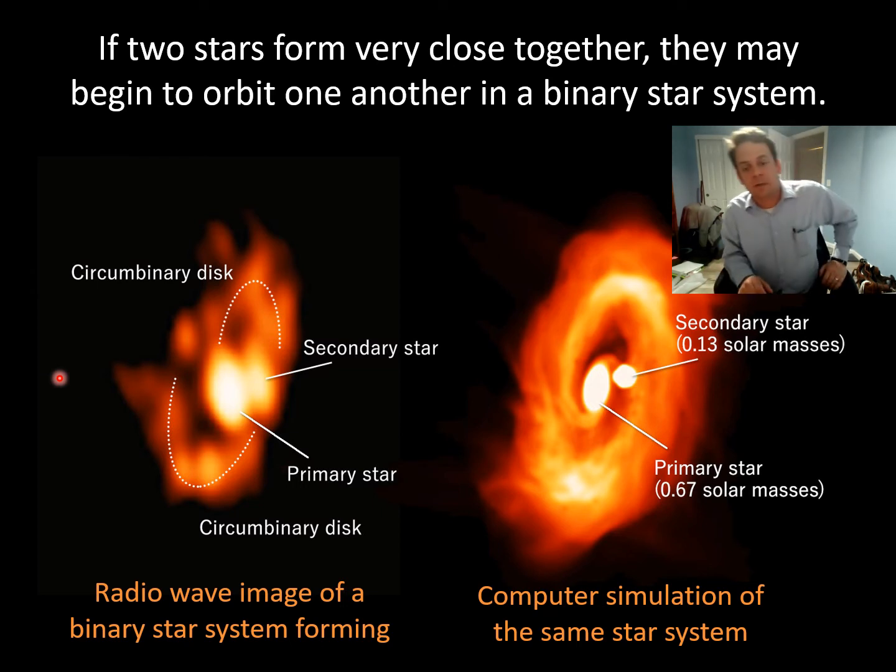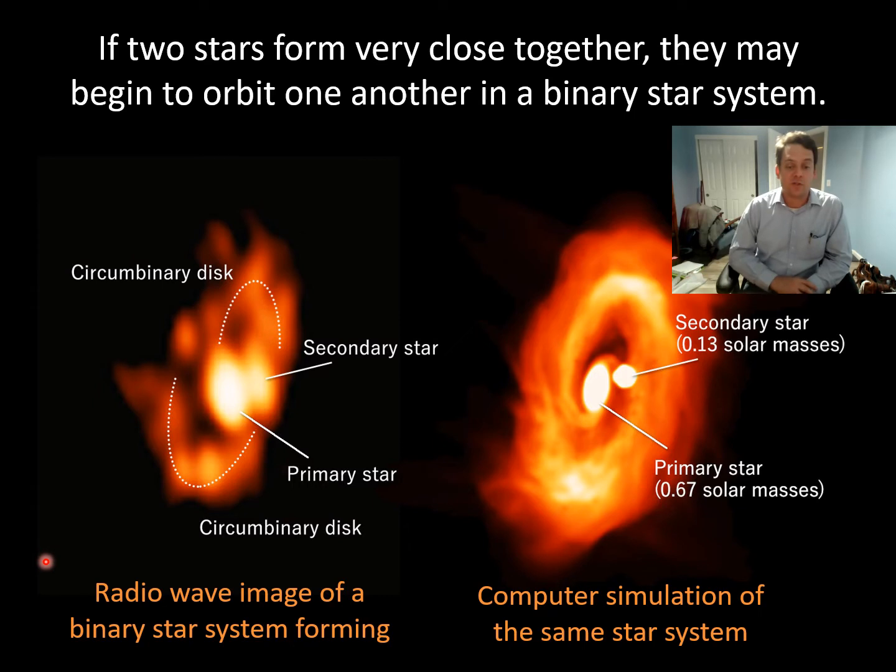So typically they're not. And here on the left, we actually have a radio wave image of a real binary star system forming. We don't see a lot of these. This is not a daily observation, but we have seen it. You have a primary star, which is more massive, and then you have a secondary star, which is smaller. And then you have what's called a circumbinary disk, which just means the disk of material that's surrounding it.